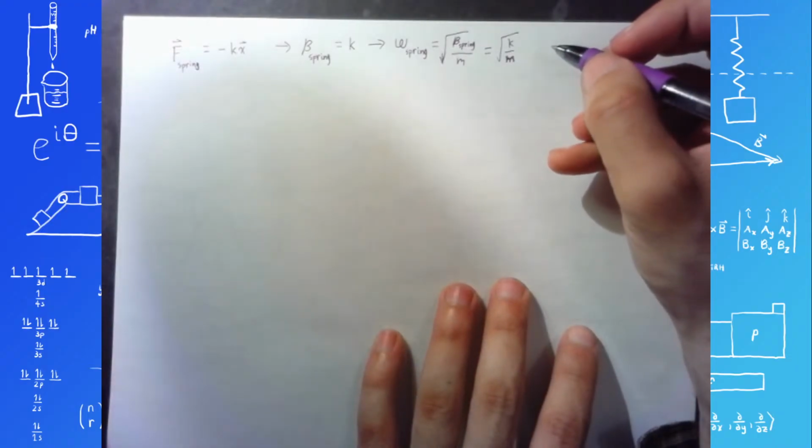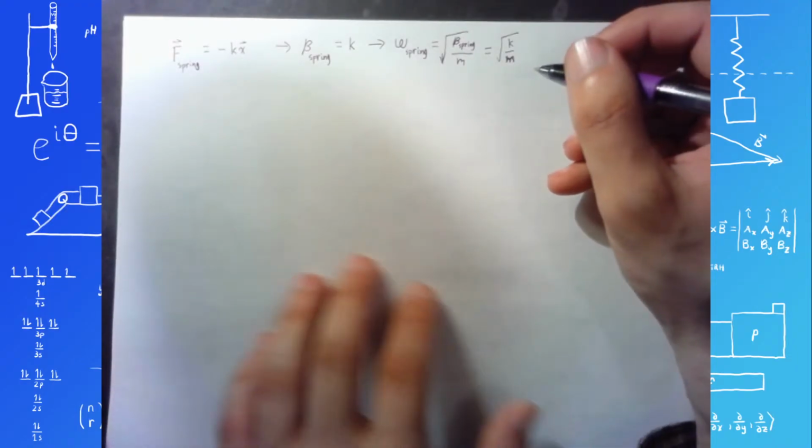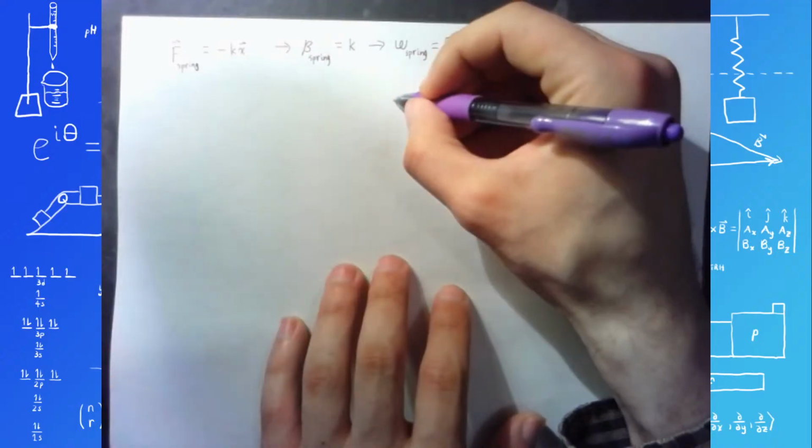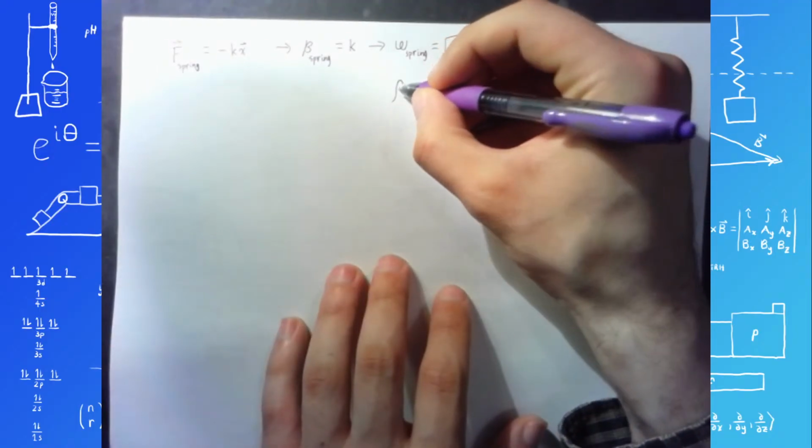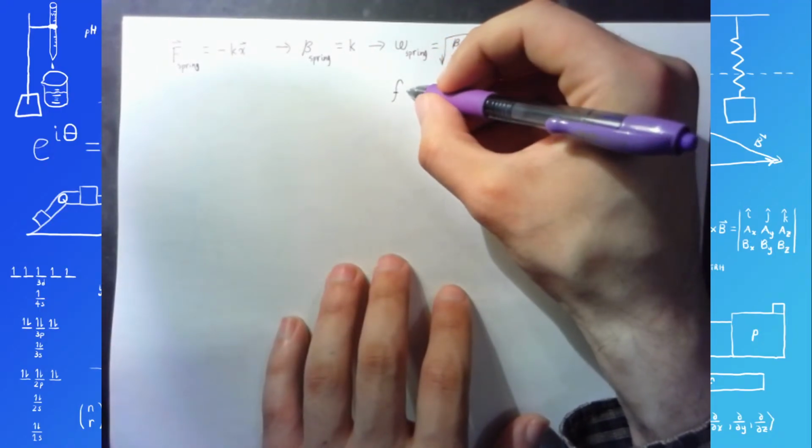This allows us to write down the frequency and period of a mass attached to a spring.